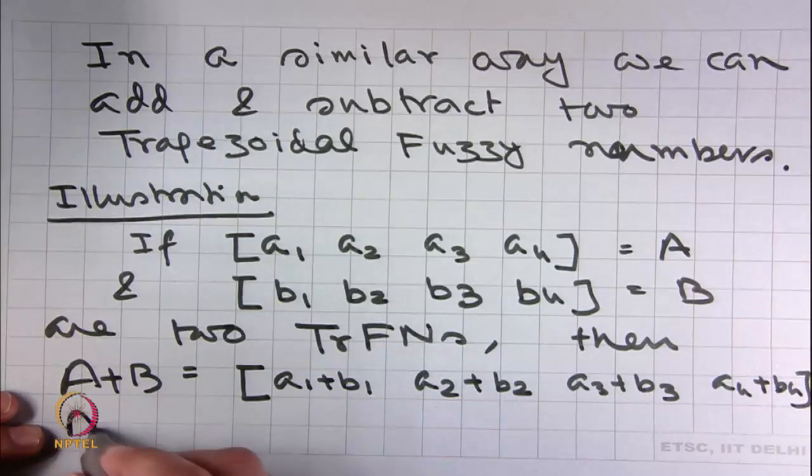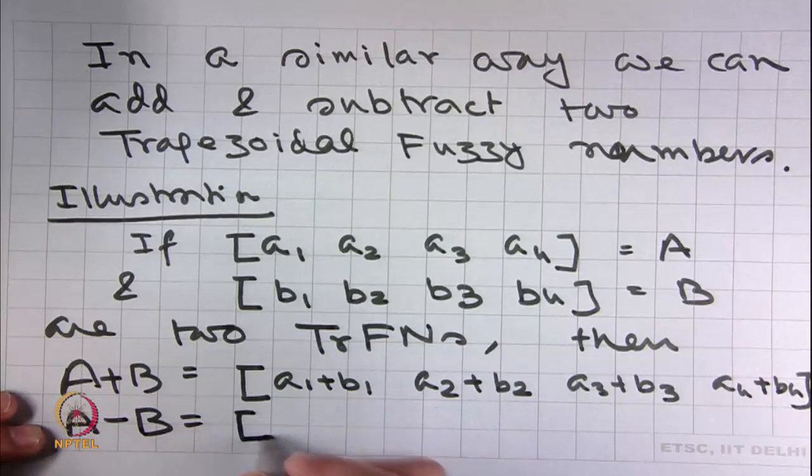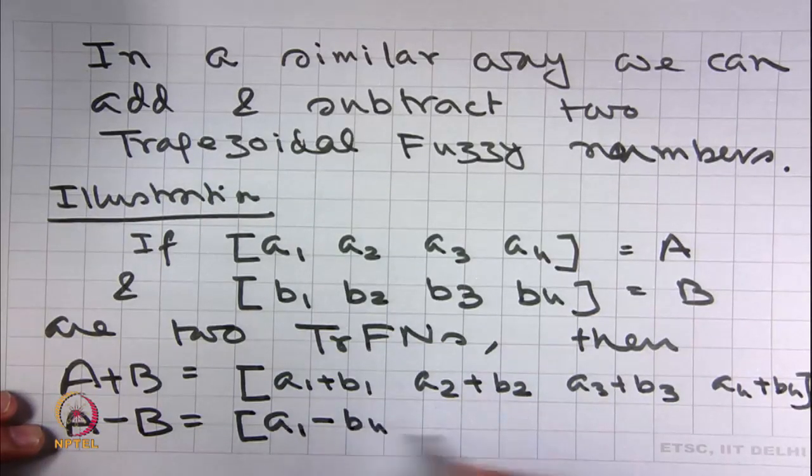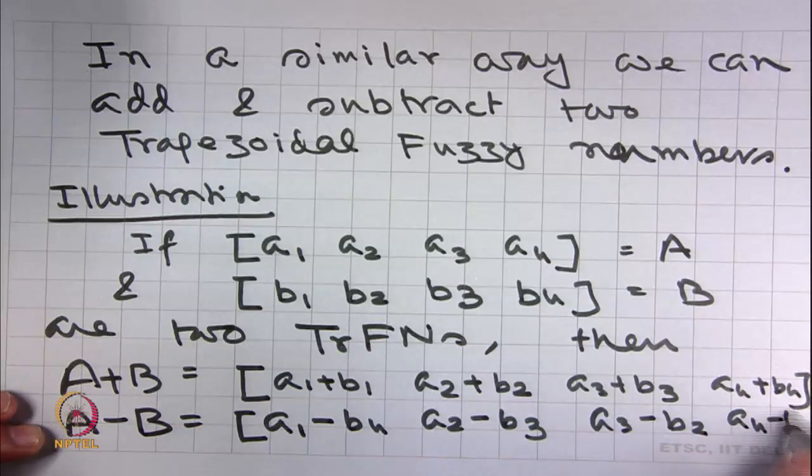And A minus B is equal to (A1 minus B4, A2 minus B3, A3 minus B2, A4 minus B1).